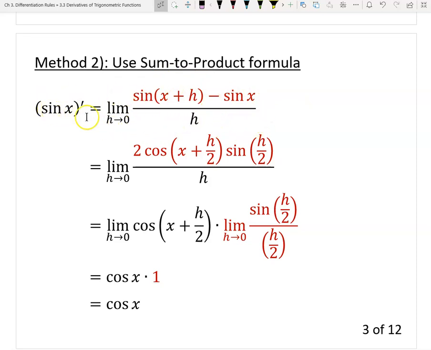The second step now: we will not expand this one big term, but we use the sum to product formula to combine these two different terms together, one term minus another term. You can say one term plus the negative of another term is a sum, and we can change this sum to a product using the sum to product formula.